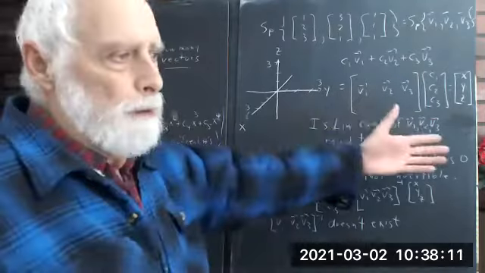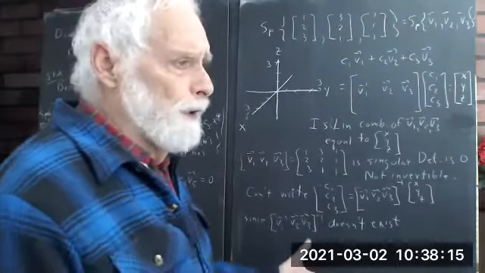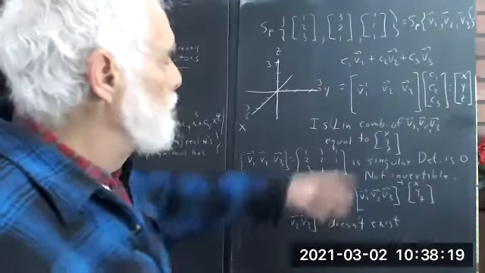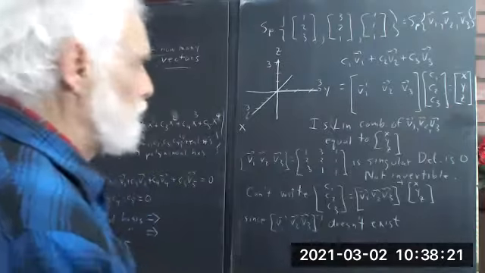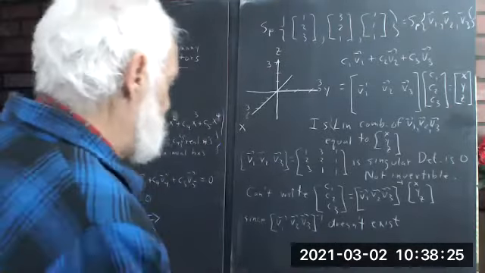Okay, so what are we going to do? Well, the inverse doesn't exist. So what we do is we row reduce the augmented matrix.